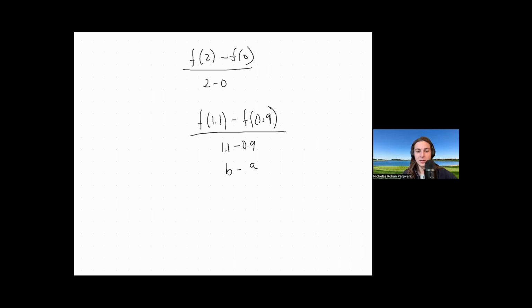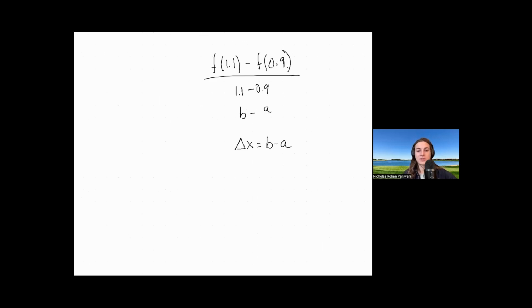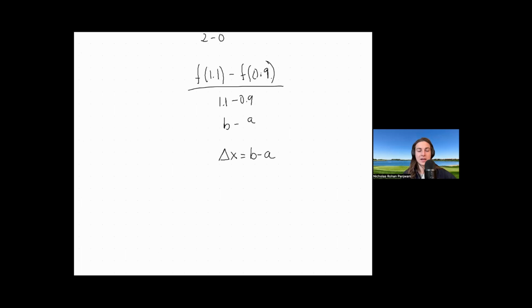So we're going to define this delta x as B minus A. Again, I just want you to follow along here. This is just for your understanding. We'll go back to going through the problems in a little bit. But this is key to really understanding how the derivative works and why it works.